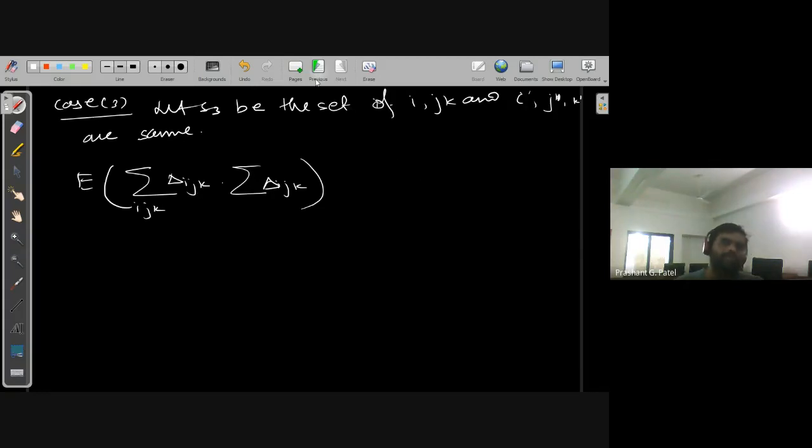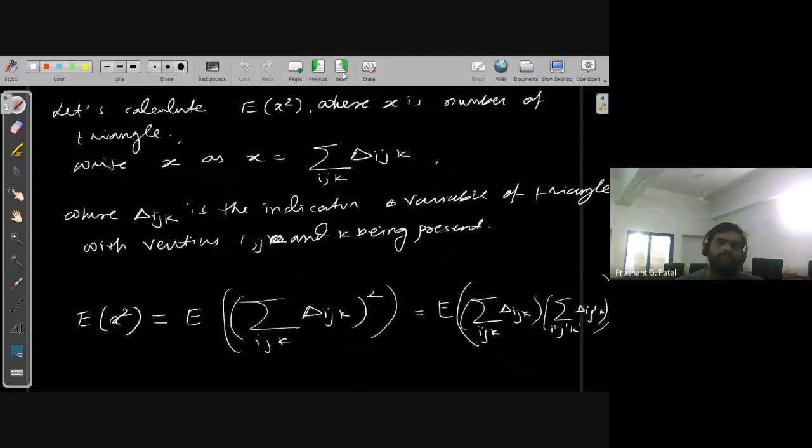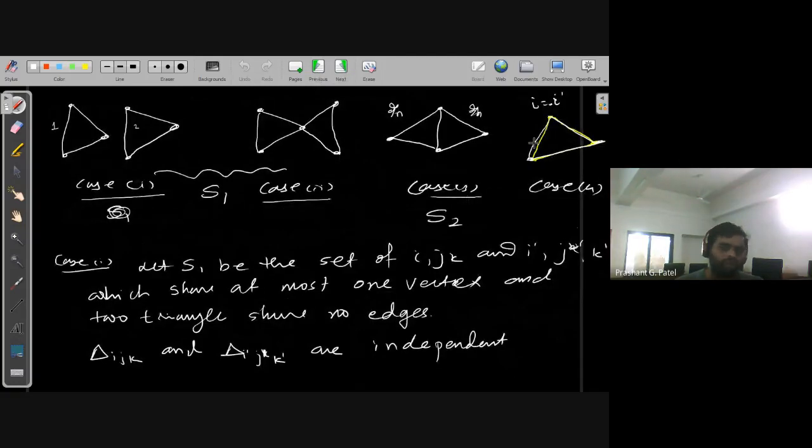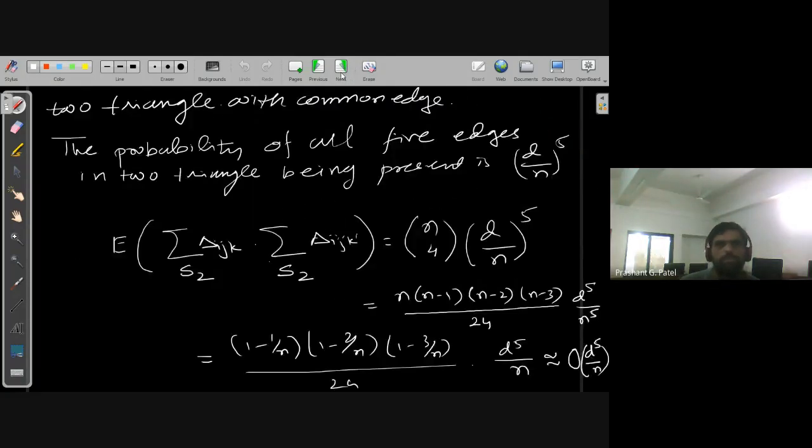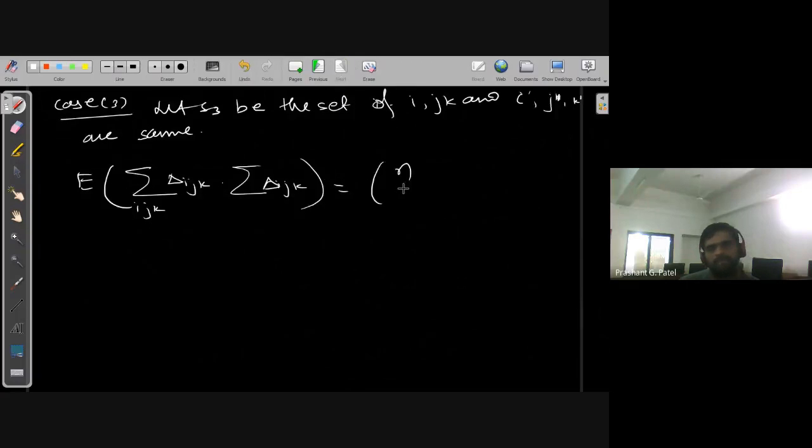We have already discussed that. That means having one edge has probability d by n, another edge d by n, the third edge d by n. Choosing 3 edges out of n edges will be NC3. So what will be the probability? It is NC3 into d by n raised to 3.